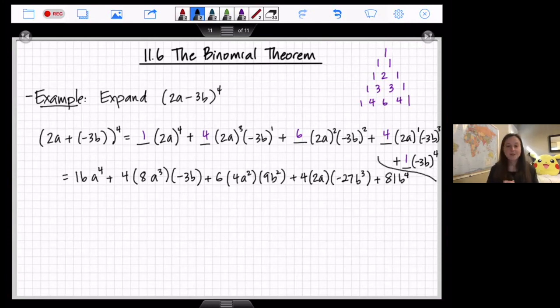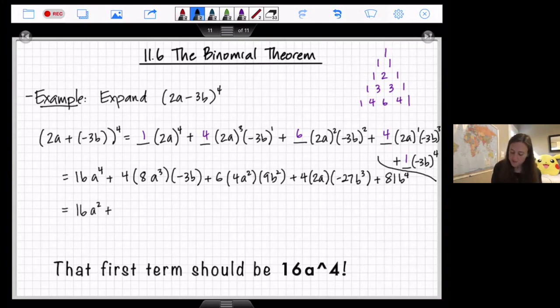All right, so we've got a little bit more simplification to do here. And I'm going to rely on my calculator a bit here. So I've got 4 times 8 times negative 3. I get a negative 96. Then I've got an a cubed b.